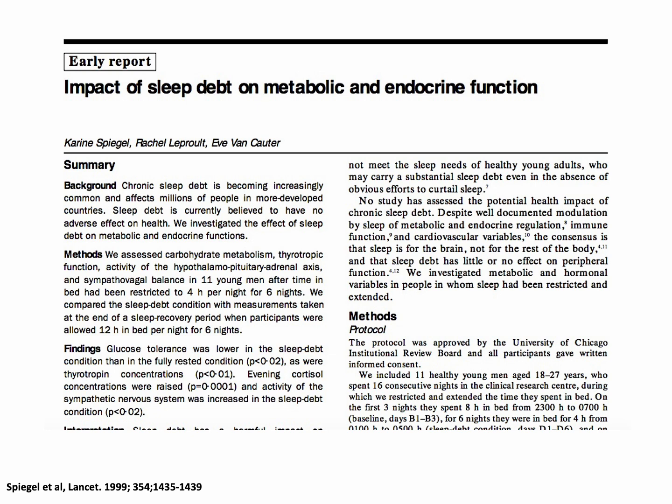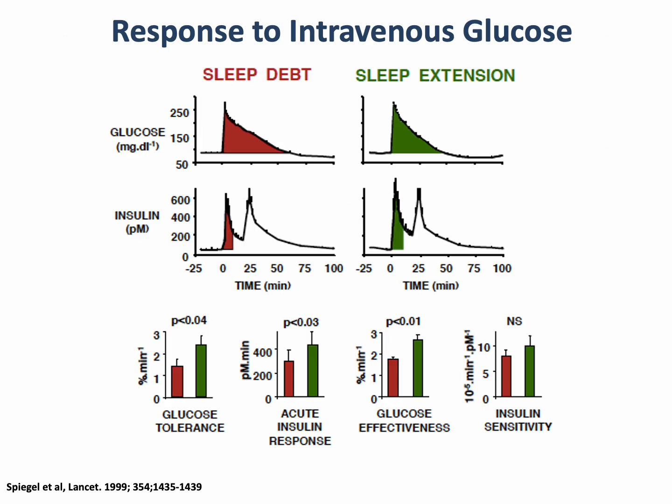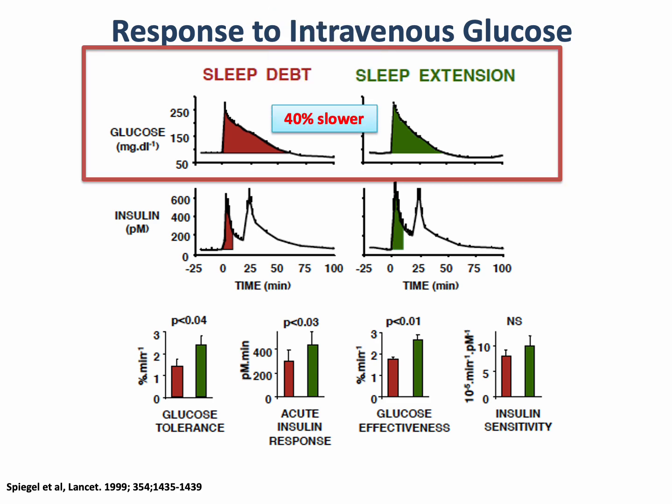Another human experimental study by the same author, a much earlier study, evaluated the impact of sleep deprivation not only on metabolic but also on endocrine function. The rate of glucose clearance was nearly 40% slower in the sleep deprivation condition than in the sleep recovery condition.